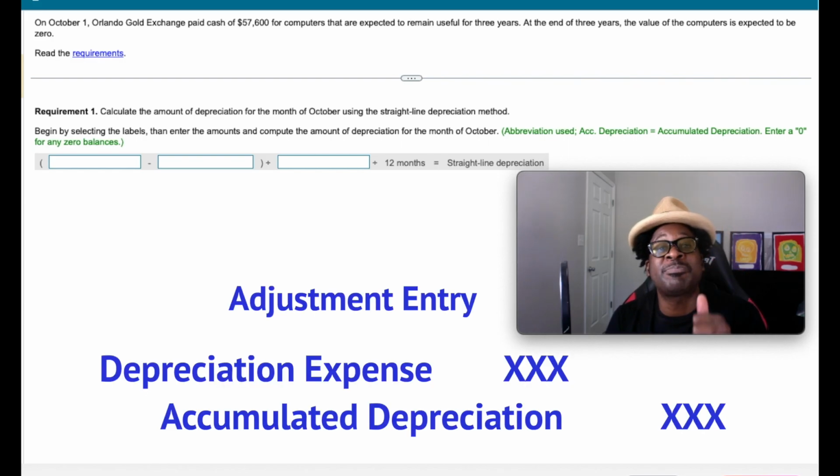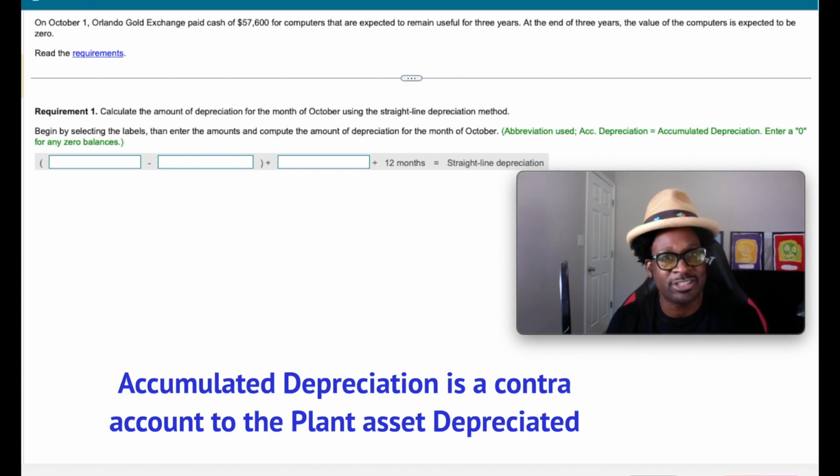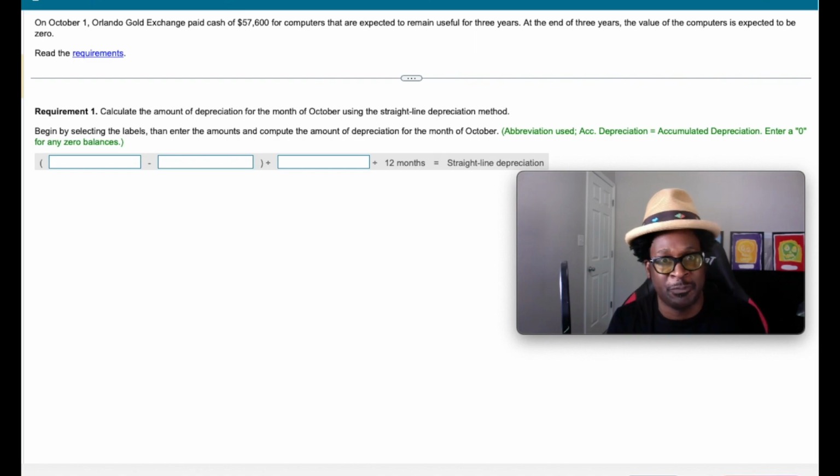First, an expense is created from the depreciation process called depreciation expense. Second, a contra account to whatever that particular long-term asset is being depreciated is also created, called accumulated depreciation. This contra account follows the initial cost of the asset itself on the balance sheet, thus helping it be reported at its appropriate book value.